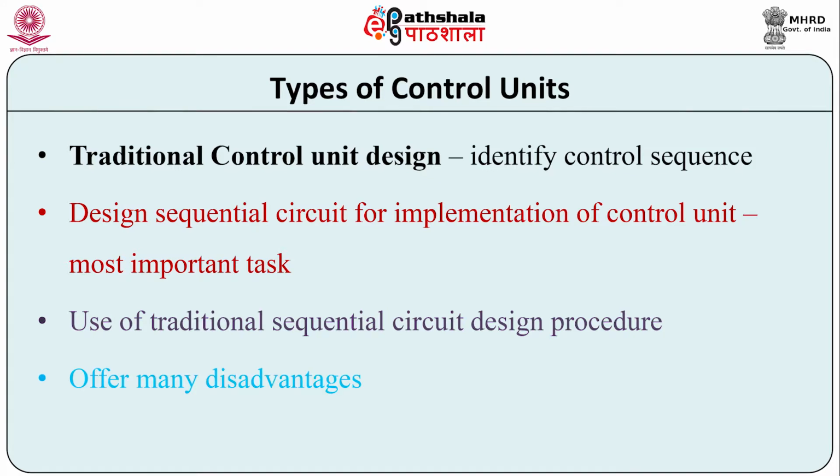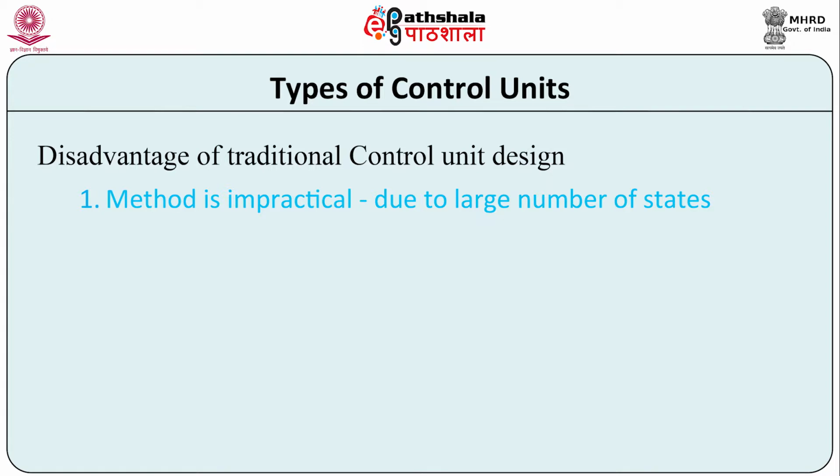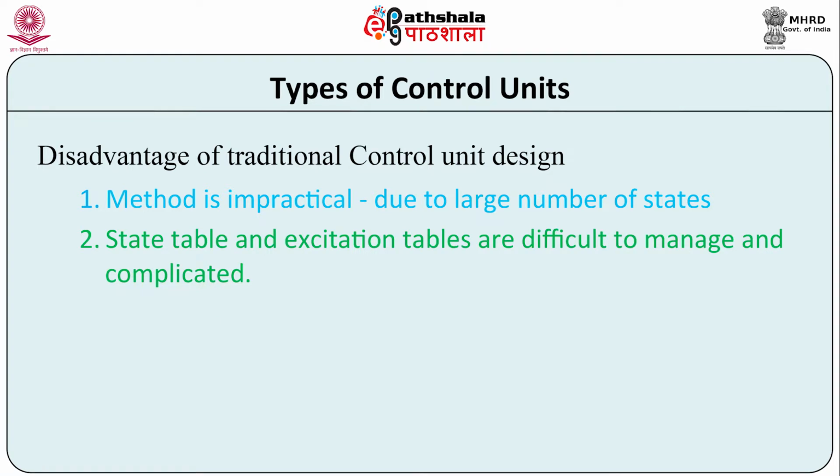There are several disadvantages of traditional sequential circuit design procedures for control unit. First, in many cases, due to large number of states, this method is impractical. Second, traditional design methods based on state table and excitation tables are difficult to manage and complicated.